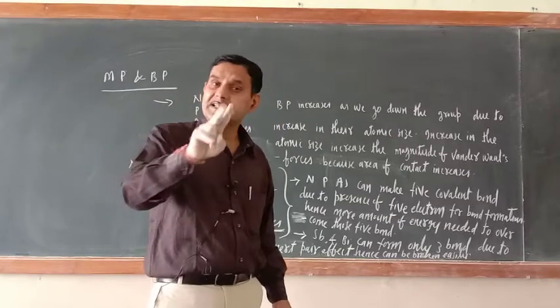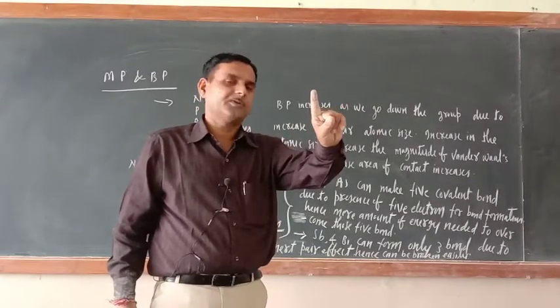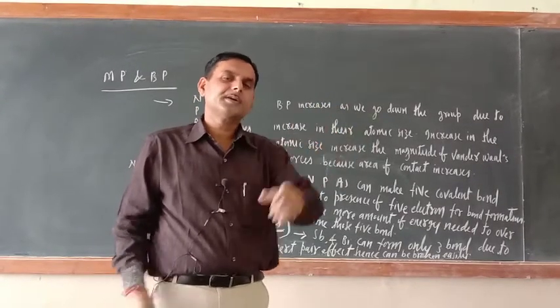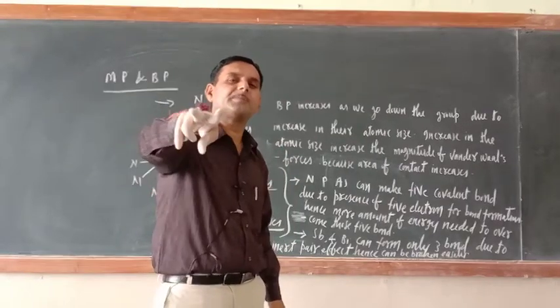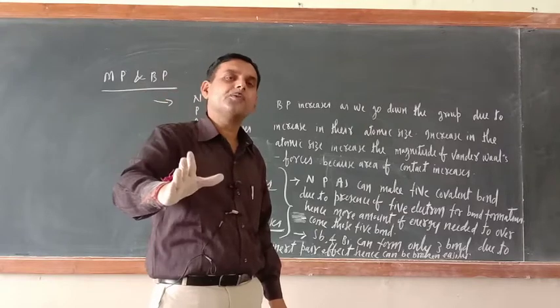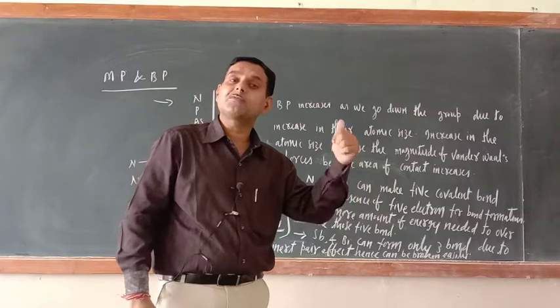No. Reason: lithium, sodium, potassium have got one electron, so they will make one bond. What about the second group? They have got two electrons in their outermost shell, so they will make two bonds. So breaking two bonds will need more energy as compared to the breaking of one bond.